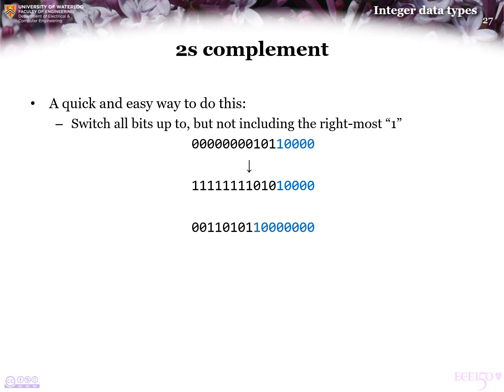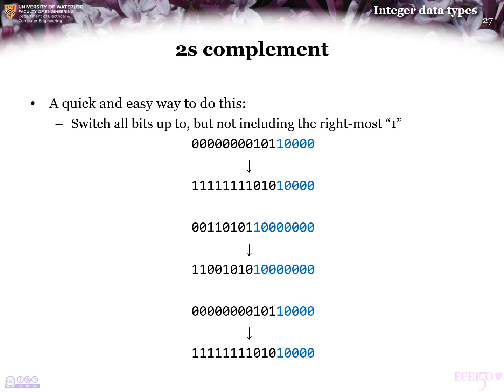Here's another number. The 2's complement of this number is flipping all the bits up until that last 1. And finally, the 2's complement of this number here is simply this value here, all of the bits being flipped except for all those bits after and including the rightmost 1.